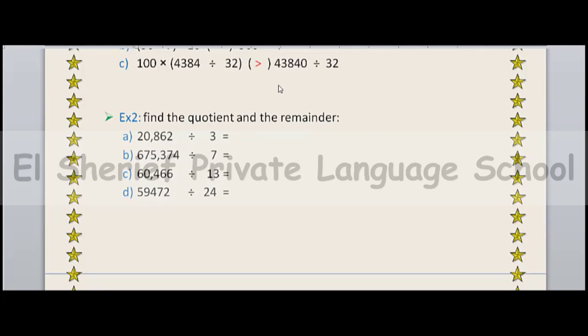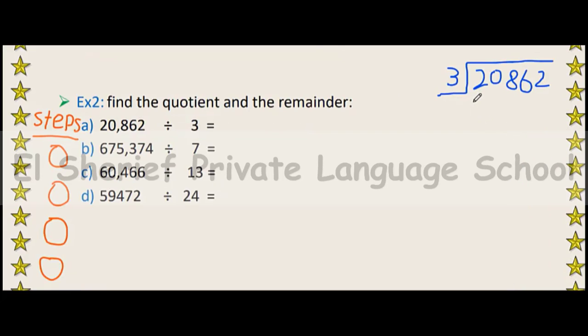So by using long division, first we will start with divide. And 2 divided by 3 can't be, so we will take 20. So the first step is divide.